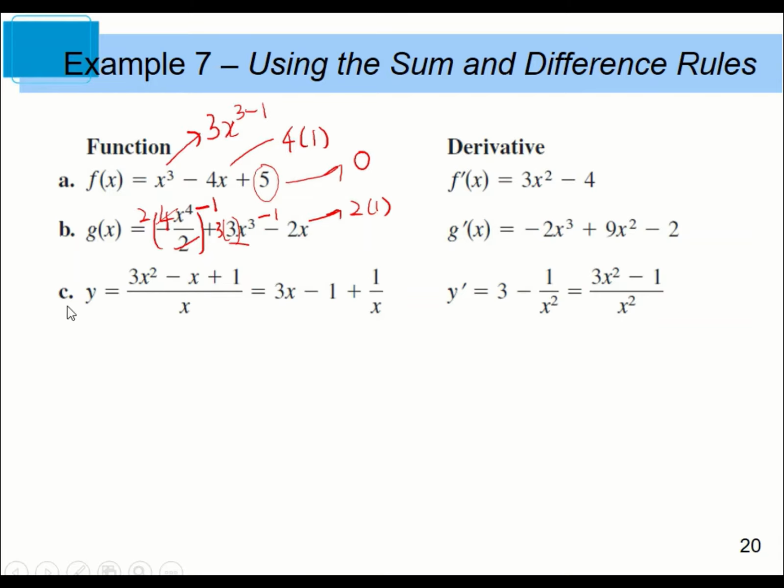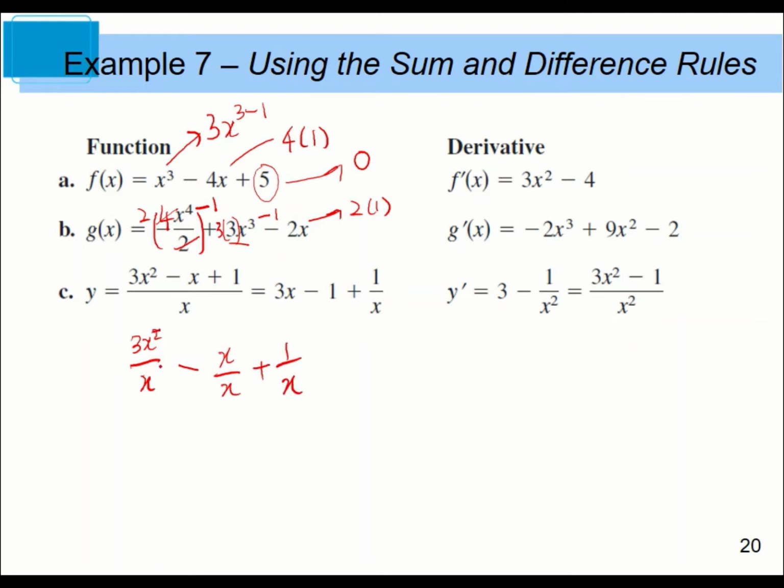Now for question C, we differentiate y equals 3x squared minus x plus 1 over x. To differentiate this, first we can split it into 3 terms: 3x squared over x, minus x over x, plus 1 over x.